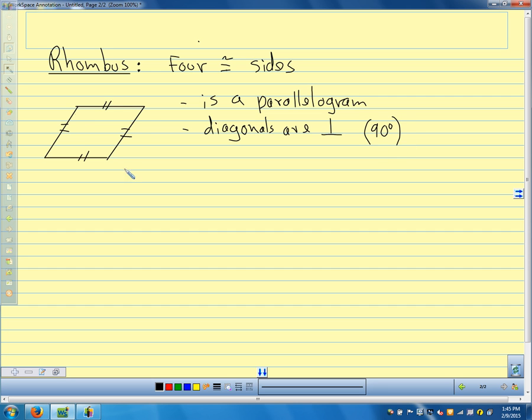So if we drew the diagonals, they would meet at a 90-degree angle. And the diagonals bisect the angles. So if I drew in a diagonal here, it cuts the angles of the rhombus in half. So a rhombus has all the properties of a parallelogram, plus the diagonals are perpendicular and the diagonals bisect the angles.